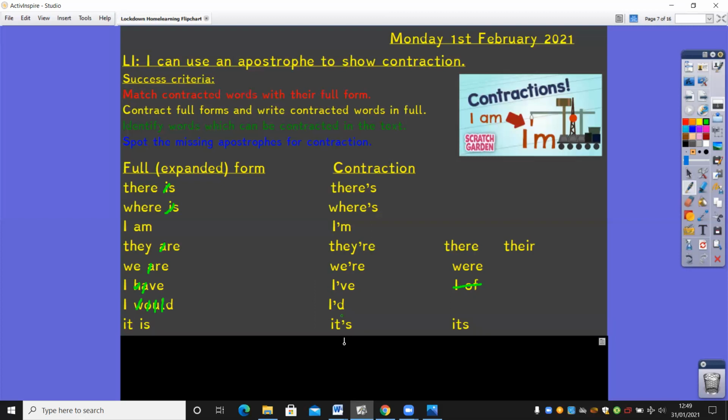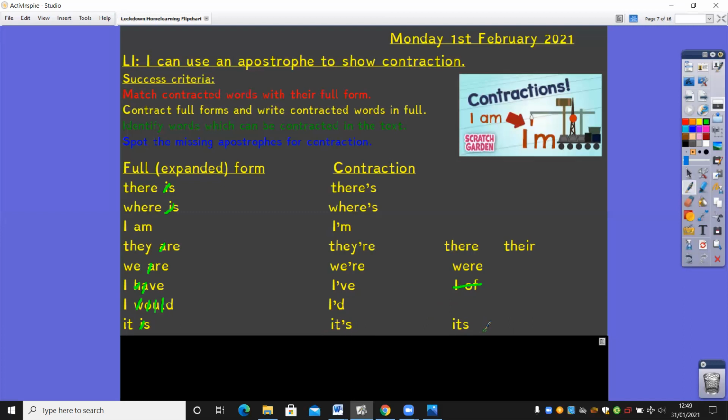Now let's have a look at this example. It is. When we contract it, this is a very, very simple contraction because only one letter is squashed out, and that's the letter I. And the contraction becomes it's. However, children, we also have a homophone, another homophone, its.